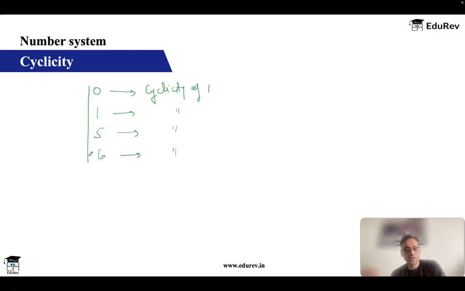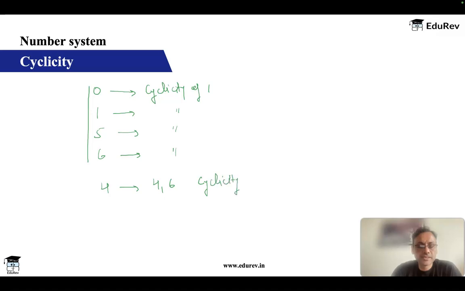Very simple. Then we have number 4. If you check, 4 to the power 1 is 4. 4 square is 16, which means it ends with 6. 4 cube is 64, which is again 4. So any number ending with 4, you raise it to a power, it will end with 4 or 6. That means this has a cyclicity of 2.